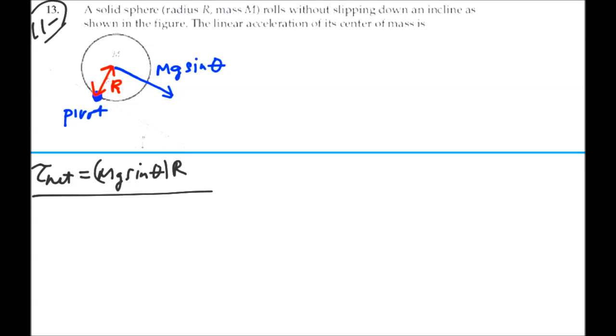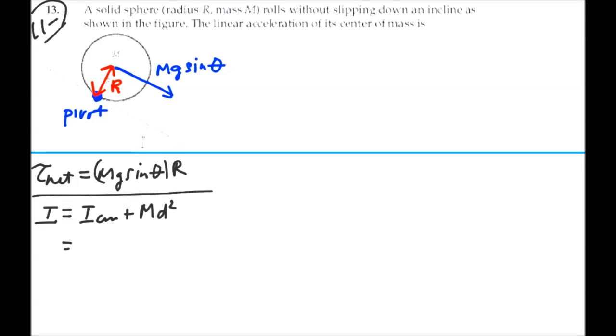Sounds good? If we're going to consider this pivot point, we need to calculate the moment of inertia about that pivot point as well. Our moment of inertia is going to be equal to the moment of inertia of the center of mass plus md squared, where d is the distance that we moved the pivot from the center of mass, by the parallel axis theorem.